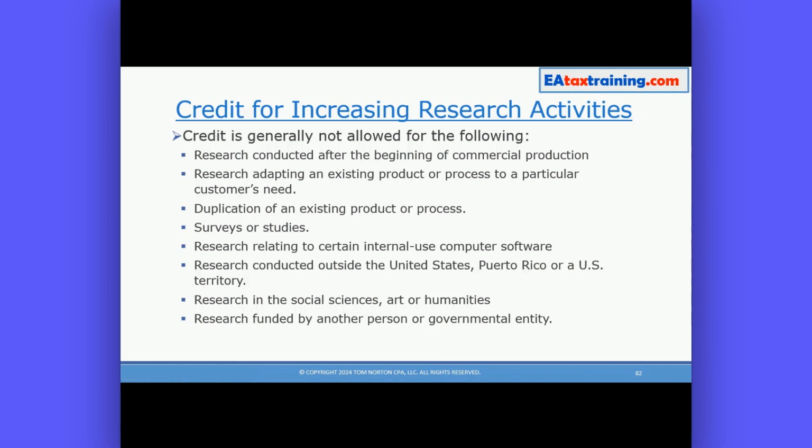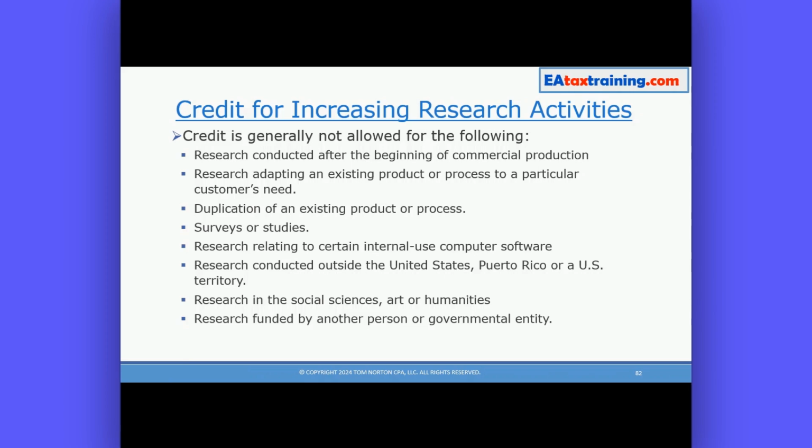Duplication of an existing product or process. This credit is for coming up with new things, not for duplicating things that already exist. Surveys or studies. Maybe you're going to go out and do a survey of your customers or of the marketplace to find out what would customers like to see.